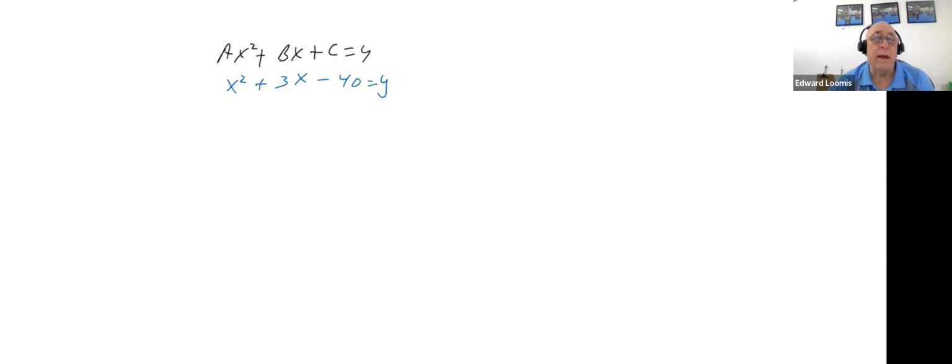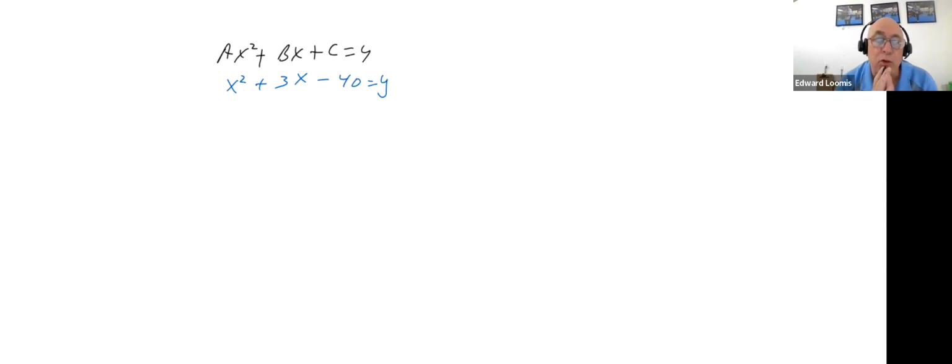If I don't see one, it's automatically 1. B is whatever is in front of the x, and c is whatever does not have a variable. It's a quadratic equation because I have a variable squared, a variable to the 1, and a number without a variable. So what am I going to do with this?